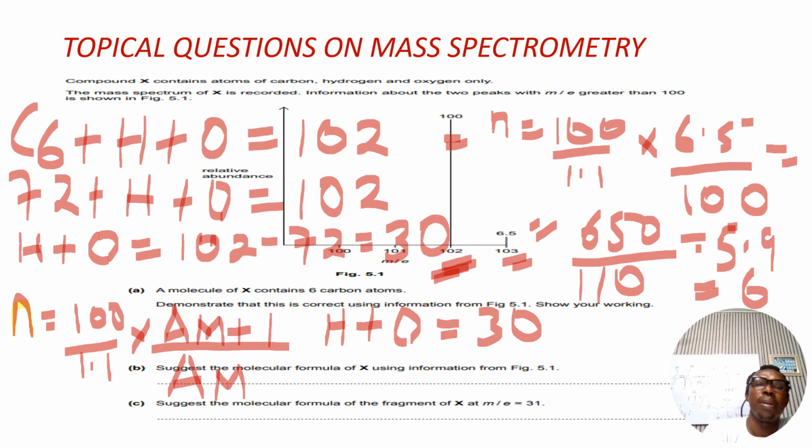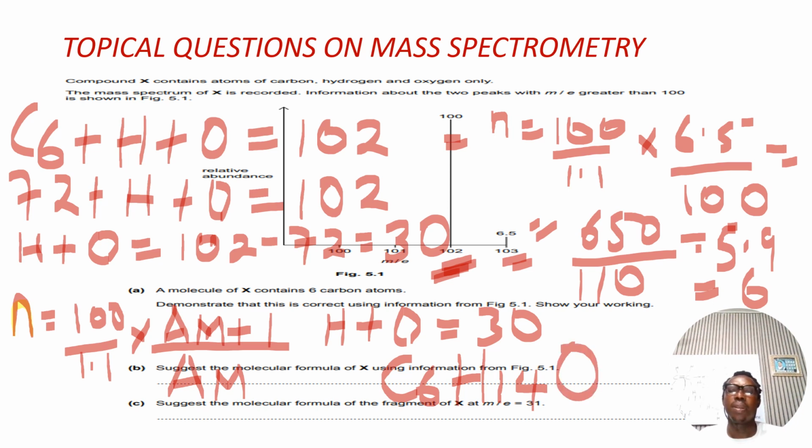So the molecular formula of X will now be C6H14O.